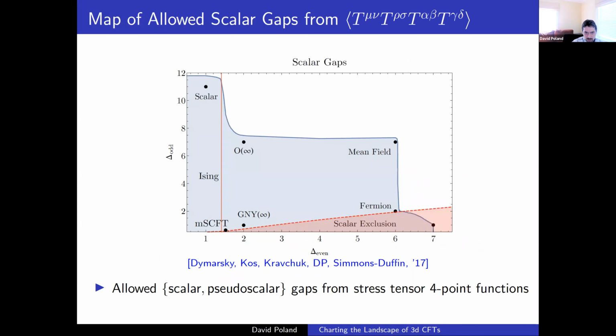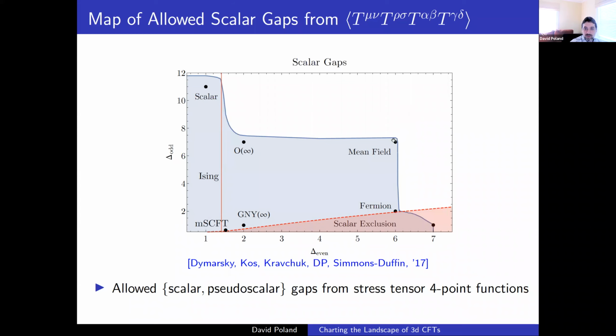Let me just go back to this plot. Holographic theories contain the graviton, which is dual to the stress tensor, and then they contain multi-graviton states, which correspond to operators built out of multiple stress tensors.